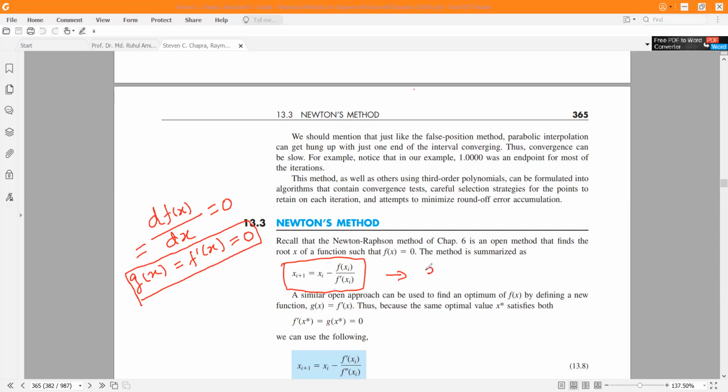In our case, it will be x i plus 1 is equal to x i minus g(x i) divided by g prime(x i), isn't it? Yes, sir. Here in this case, g(x) is equal to f prime x and g prime x will be equal to f double prime x. This is what the equation is.